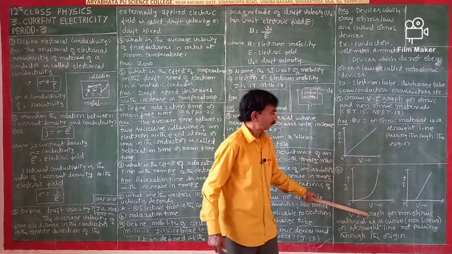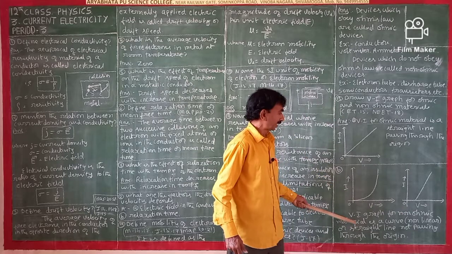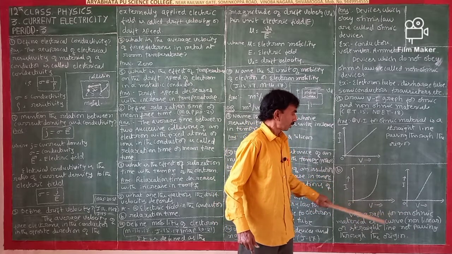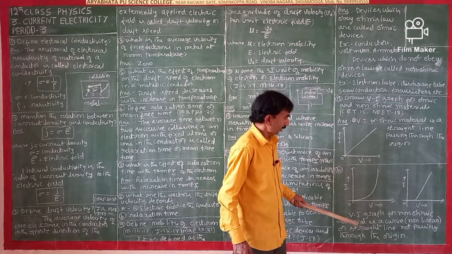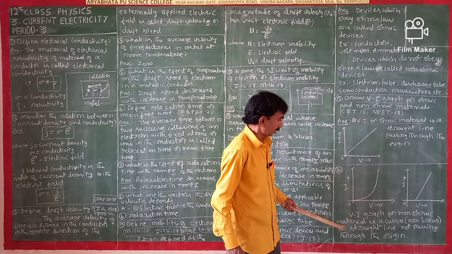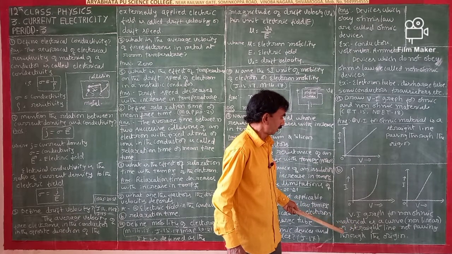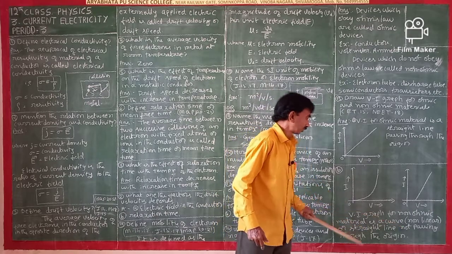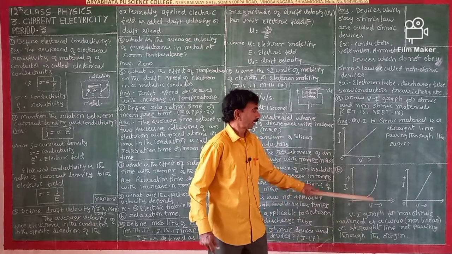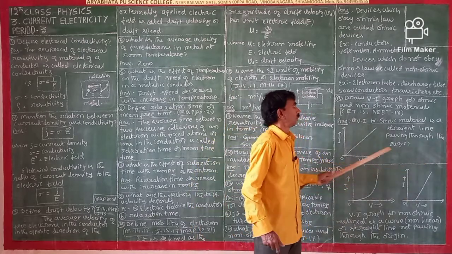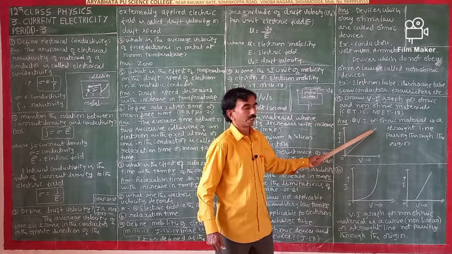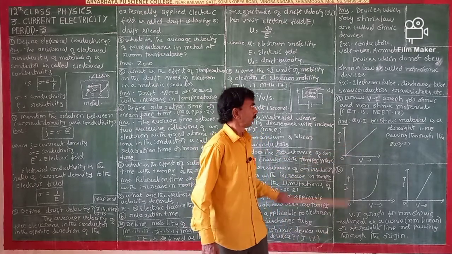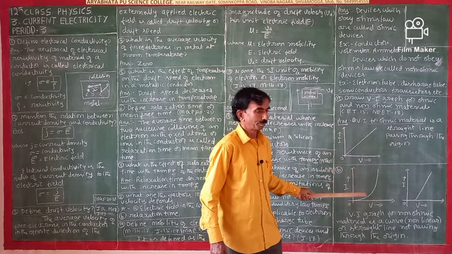So the VI graph for non-ohmic materials is a curve or a straight line not passing through the origin. For ohmic devices only, it is a straight line passing through the origin.